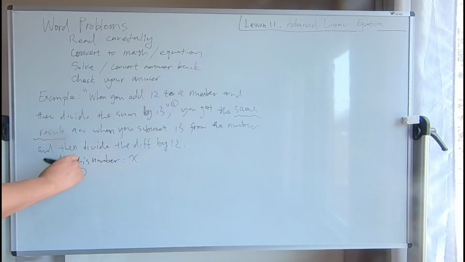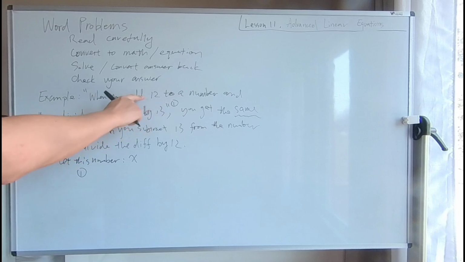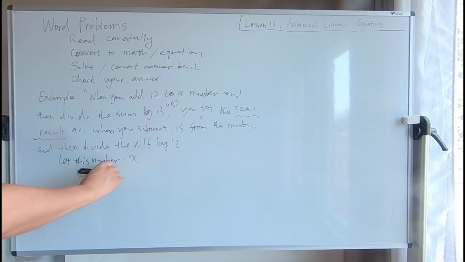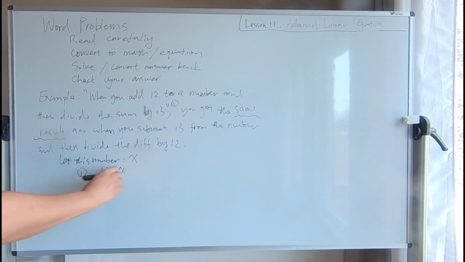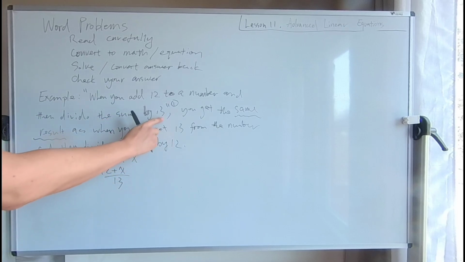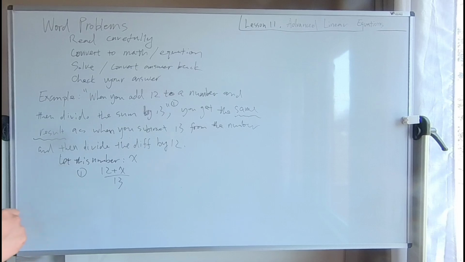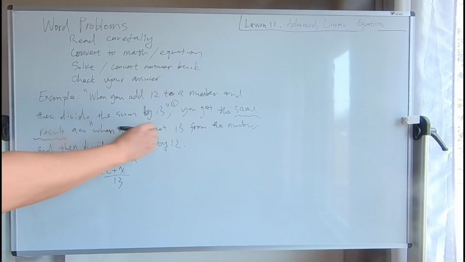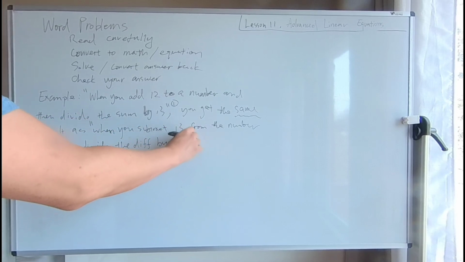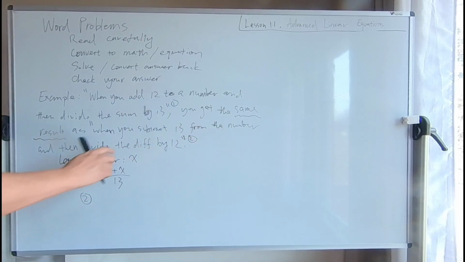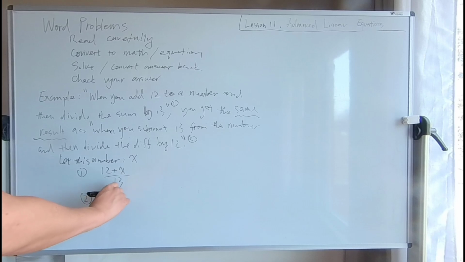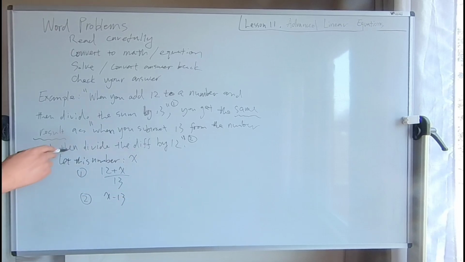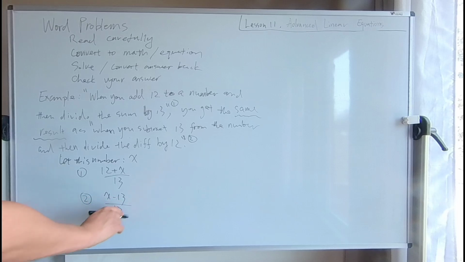So the first statement gives me, if I add 12 to this number x and divide the sum by 13, the first expression. Now the second expression: when you subtract 13 from this number, so it's x minus 13, and then divide the difference by 12.